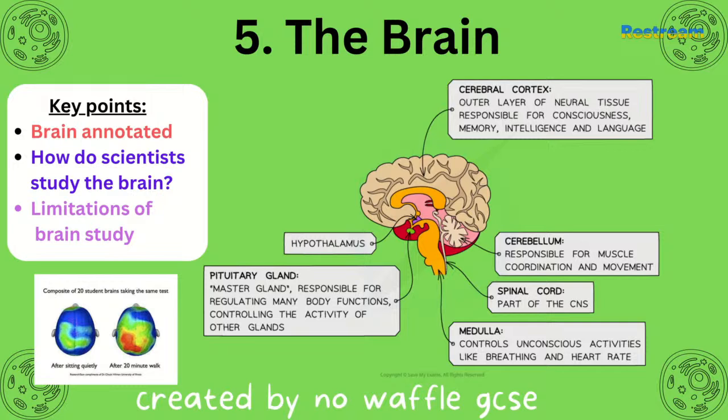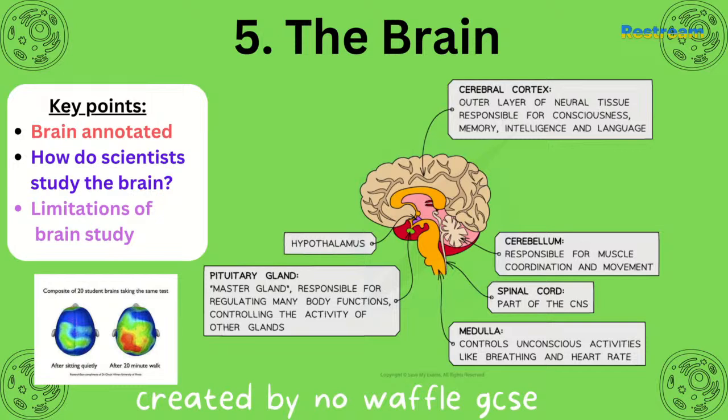As we said, the cerebral cortex is responsible for things you're actively thinking about, like your memory and your language. The almost opposite to that is the medulla, which is more unconscious activities, such as breathing and heart rate, because you don't have to think about breathing and heart rate, but it's still an activity controlled by a part of your brain called the medulla.